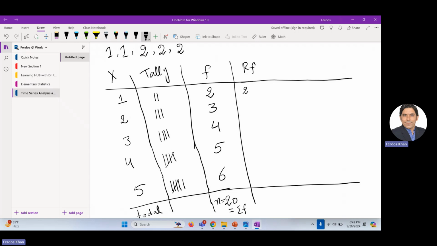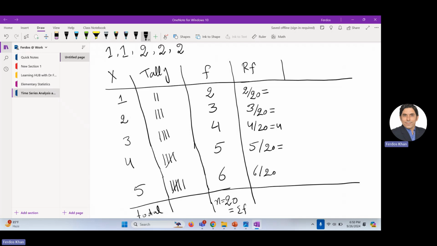So this means 2 divided by 20 will give you some value. And for the second, you need to divide this frequency by the total. It will give you some value, and similarly for the others: 4, 5 divided by 20, and 6 divided by 20.